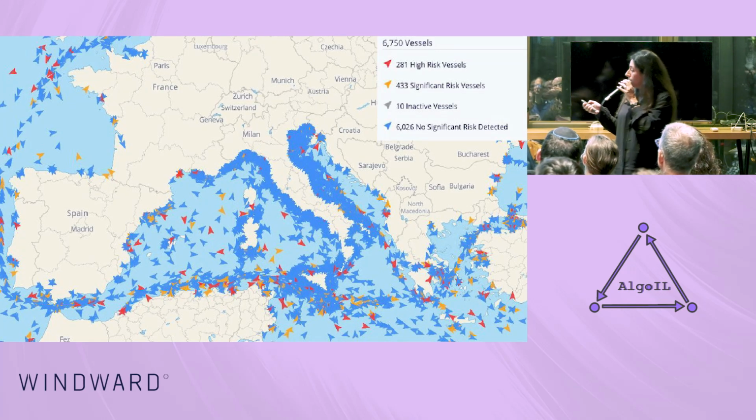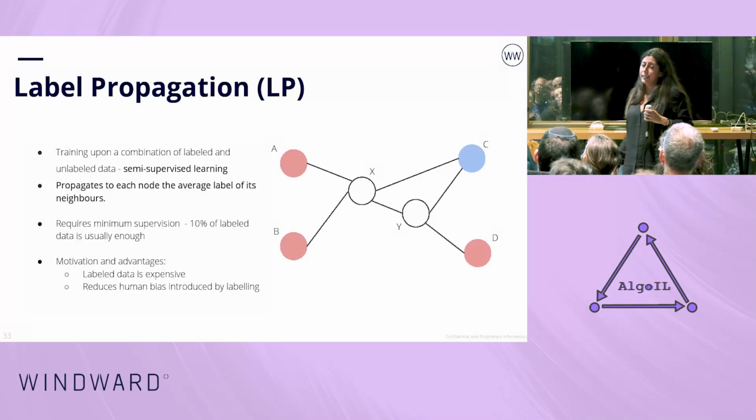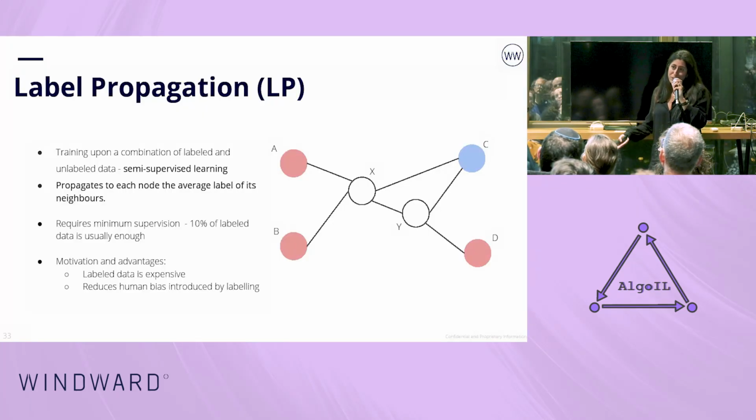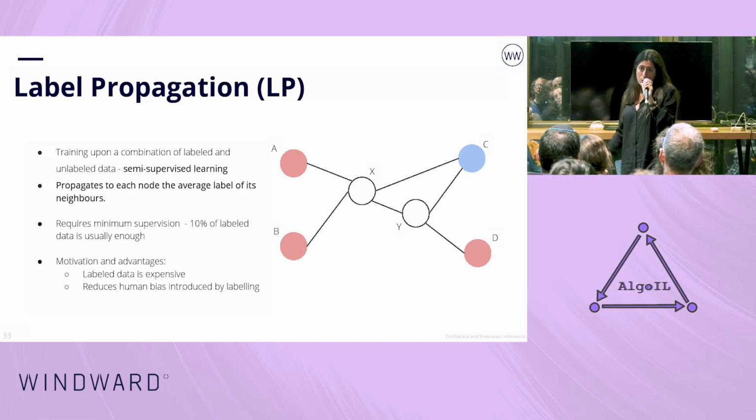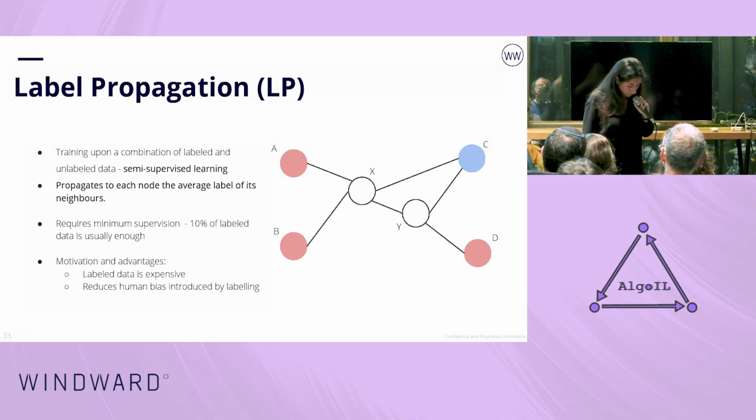Then we have here all our vessels, like I showed you, with the different colors for risky vessels and not risky vessels. And now we're going to show you the work that we've been doing on an algorithm called label propagation, how we use it to be able to infer the risk of a vessel from the graph.